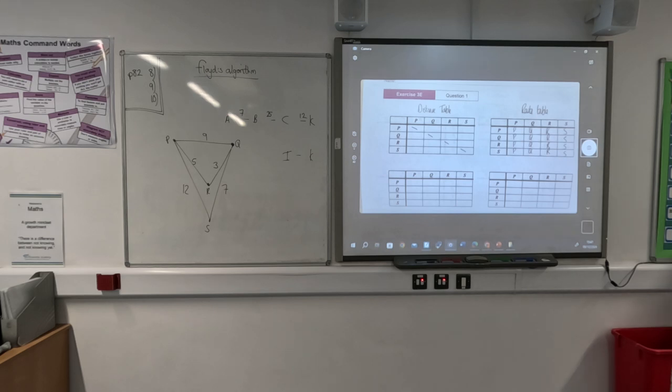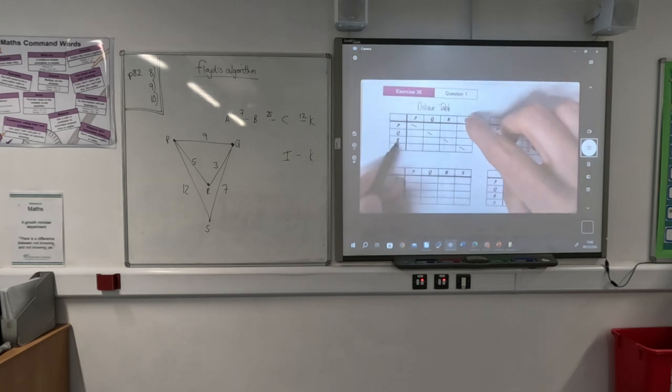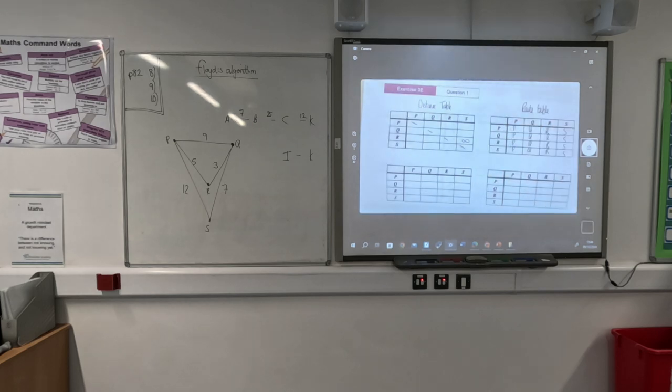R to S isn't connected, so we put an infinity symbol. We can get from R to S, but it's not directly connected. So the distance table is just showing you the length of the direct connections. So we always have these dashes through the middle. You'll either have a number or an infinity symbol. So using that network, fill in the distance table.